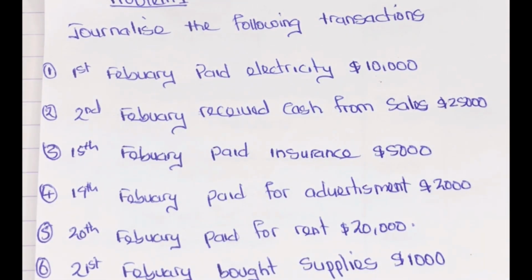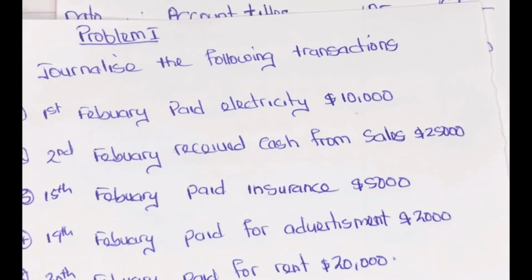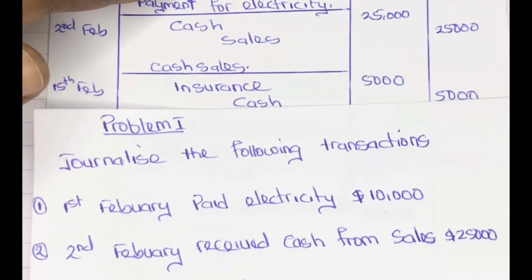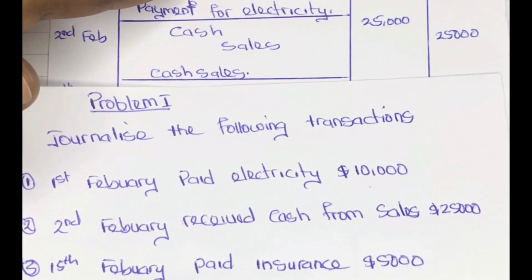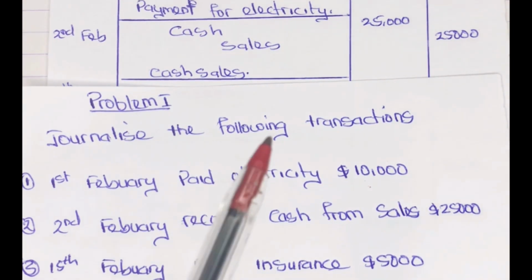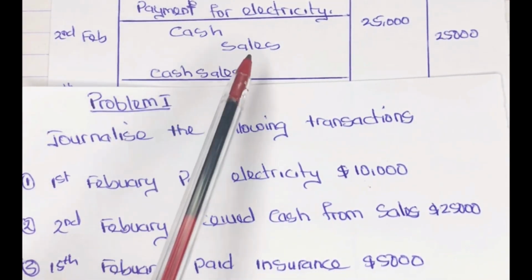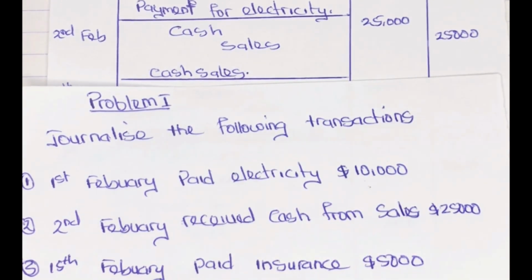So let's look at the solution. Here, 2nd of February, we debit cash and we credit sales. So that is a cash sales transaction.